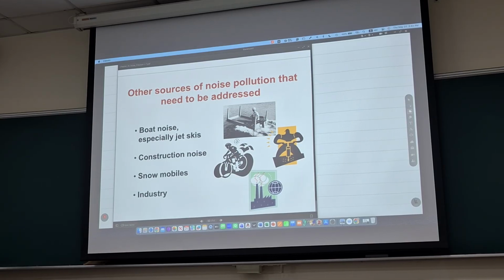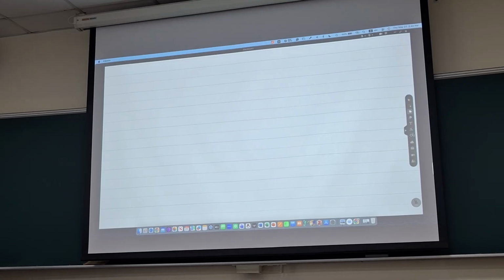And there are other sources of noise pollution that need to be addressed, besides airports, right? Construction, like right now, and snowmobiles, and especially, as chemical engineers, how to reduce the noise produced in chemical plants. That's it for this slide.